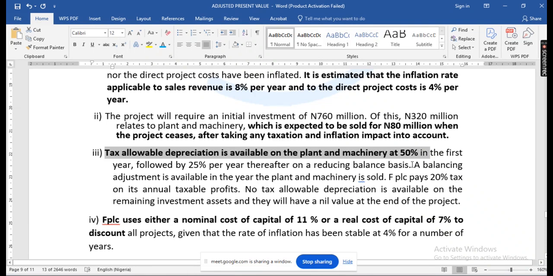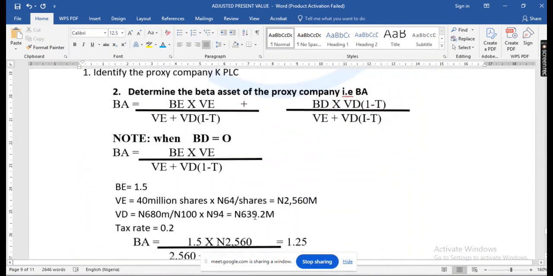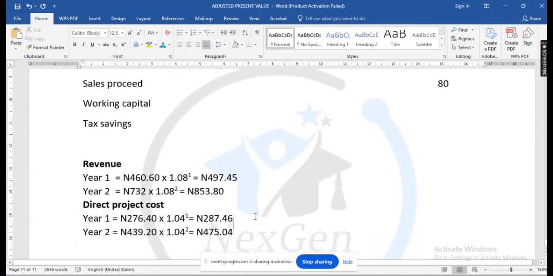At the last year, which is the fourth year, because the plant and machinery will be sold for 80 million, you will now have an adjustment, either balancing charge or balancing allowance. Class, if you don't have the material, screenshot this part. Okay. So we move to capital allowance, right? Let me copy this down. This will come first, tax savings.